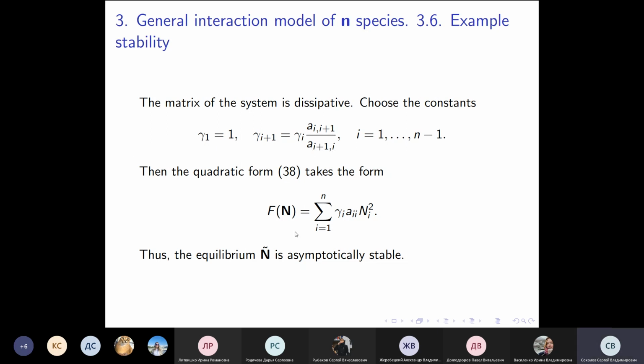And finally, the quadratic form f of n takes the diagonal form, and so the system is dissipative. If it is dissipative, it is d-stable. And finally, the equilibrium position, if it exists for our system, is asymptotically stable.